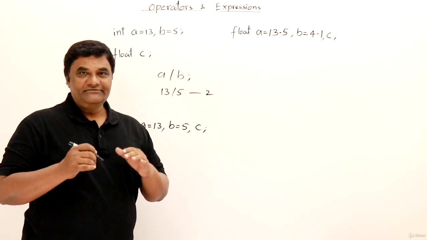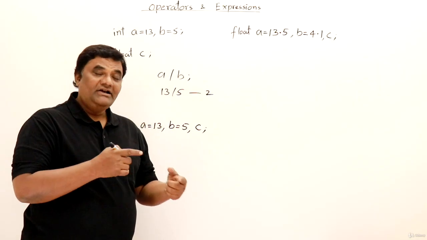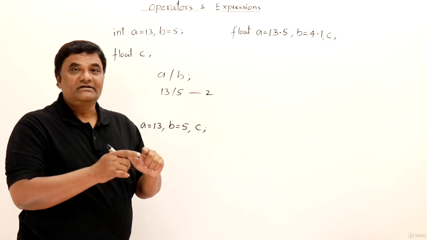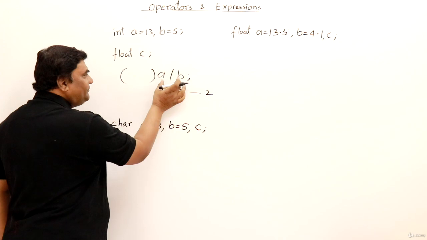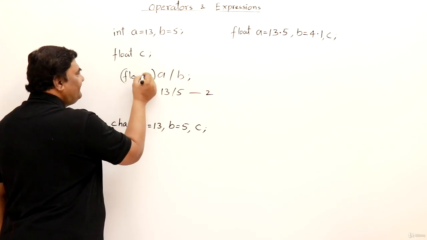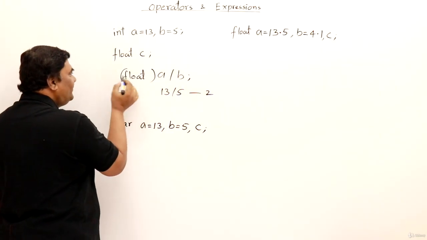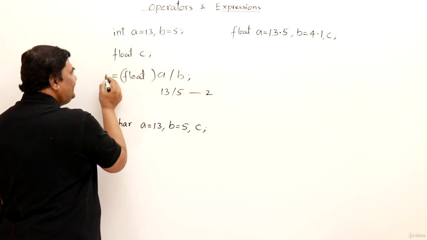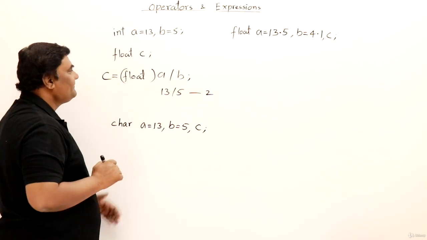We want the result in float, but these two are integers, so we won't get it. But we have to typecast it to get a float. So what is typecasting? We can change the data type of this result. This is 2. If you write that we want it to be a float, then the actual result that we get, 2.6, will be given to us, and the variable to take this should be float type. So I have taken C as float type here.